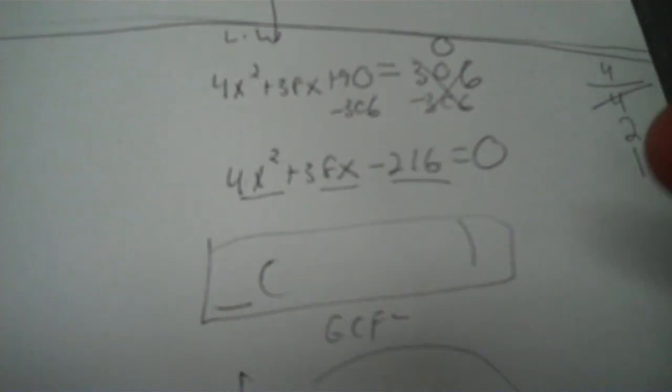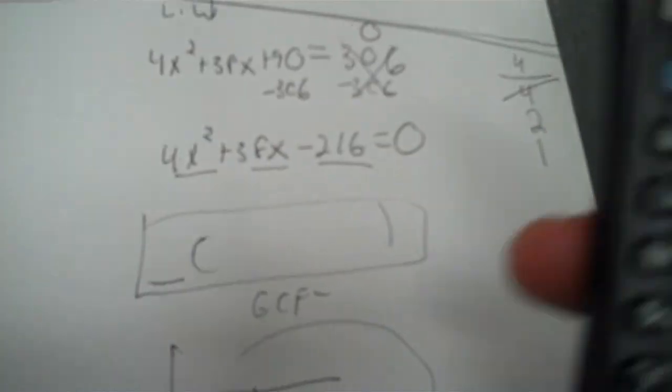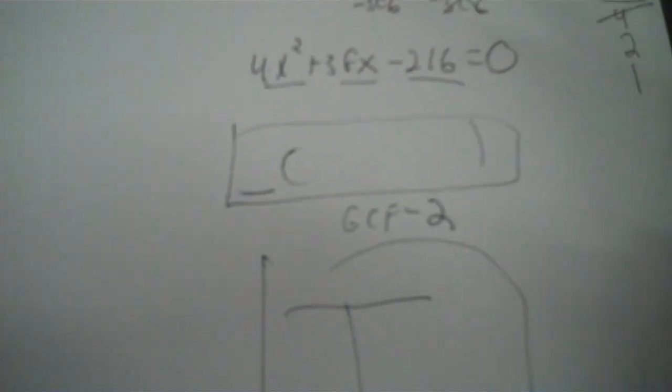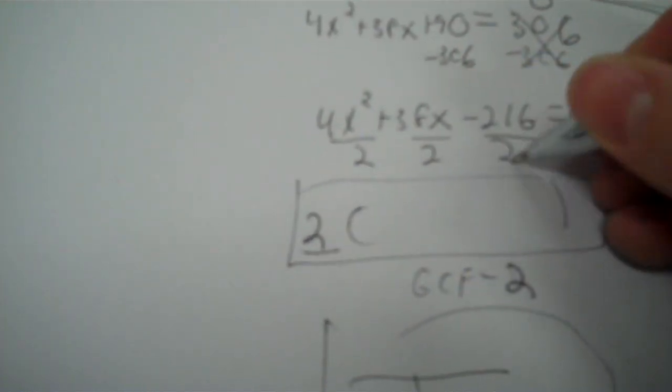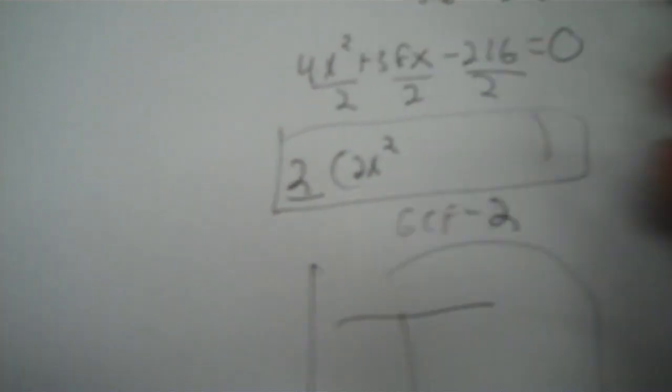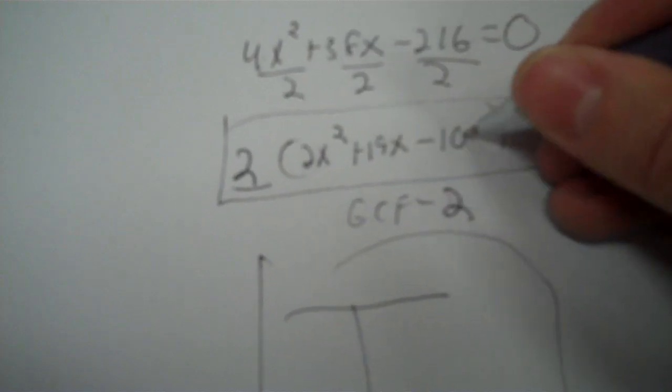Now, 2. 38 divided by 2 works. 216 divided by 2 works. So factor out a 2, please. That gives you 2x to the second plus 19x minus 108.